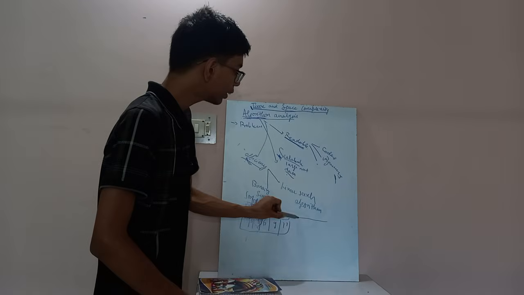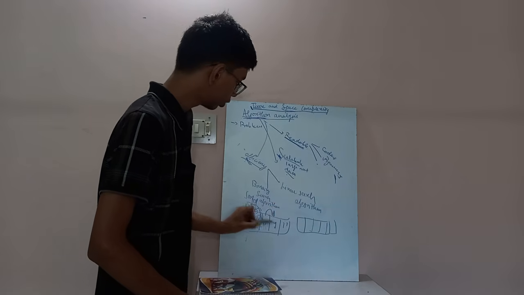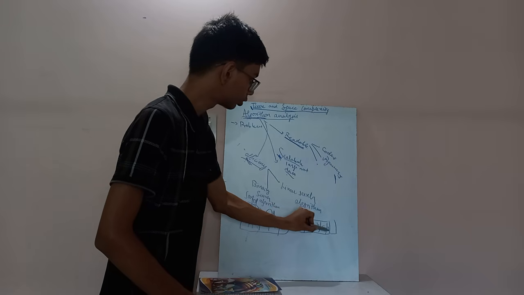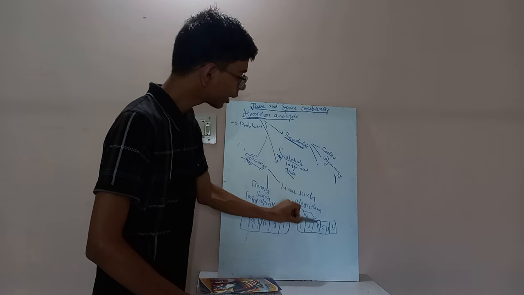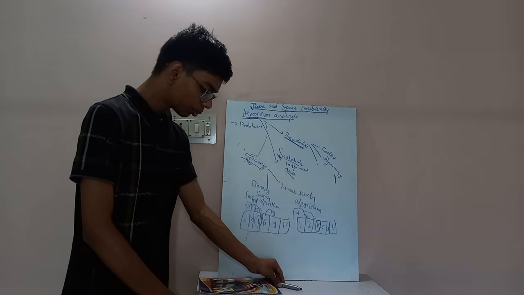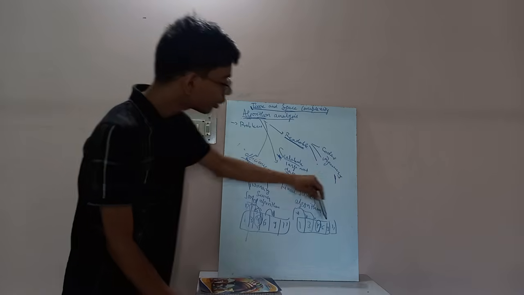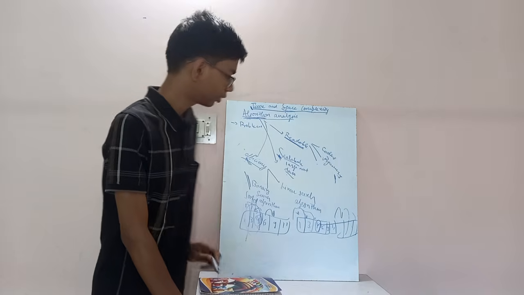But in the linear search algorithm, for the same, I have to go one by one and then I will get my element. So, we can clearly see binary search is more efficient because for a million data, I cannot go one by one.